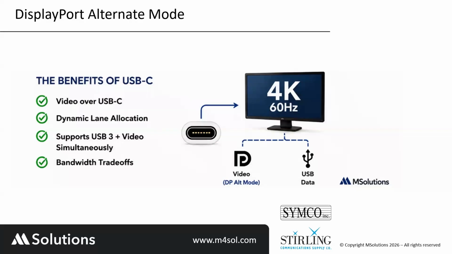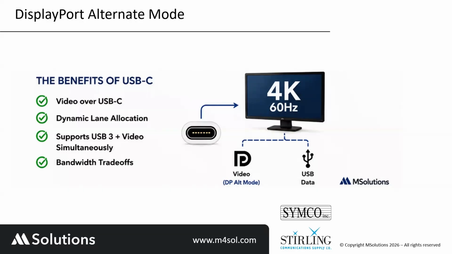But this comes with a price. If the application also requires USB 3, which is the 5 gig or the 10 gig, such as for cameras, touch displays or storage devices, the system will be able to allocate only 2 lanes for the DisplayPort, and this will limit the video bandwidth and the performance of the video.